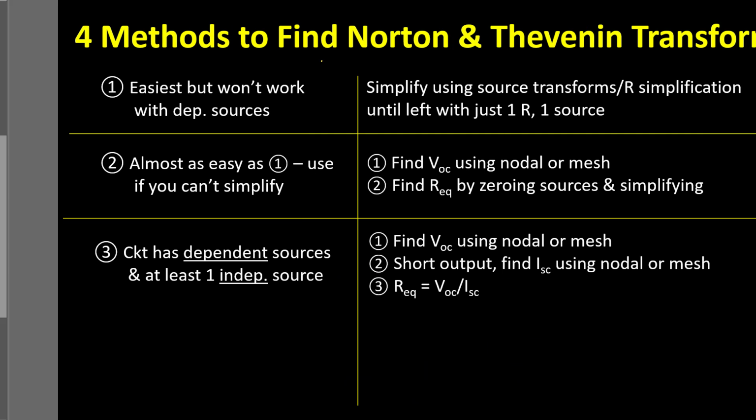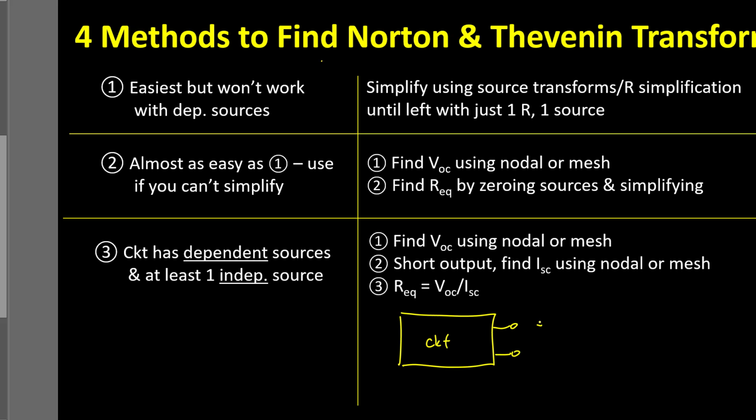There is a third method that you can use if your circuit has a dependent source or multiple dependent sources, but it must have at least one independent source to kick those dependent sources into action. I'm going to draw your circuit now as a black box with these two terminals.